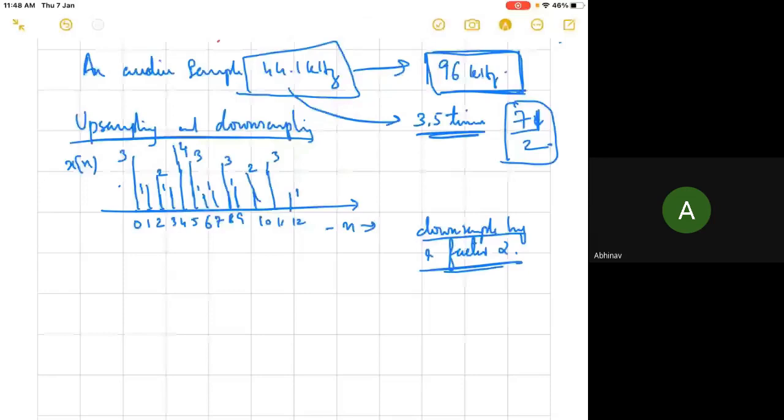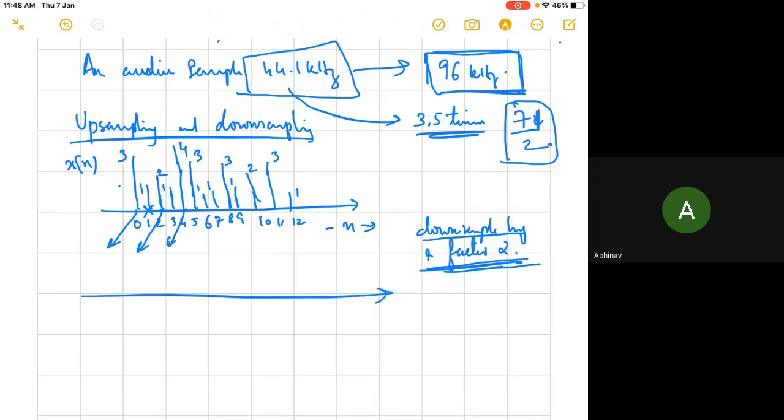If you want to downsample it by a factor of 2, it means you are now going to decrease your sampling rate. You don't need all the samples that you have taken. And if you are downsampling by a factor of 2, you just require intermediate data. For example, you require this, then you don't require this, you require this, like this.